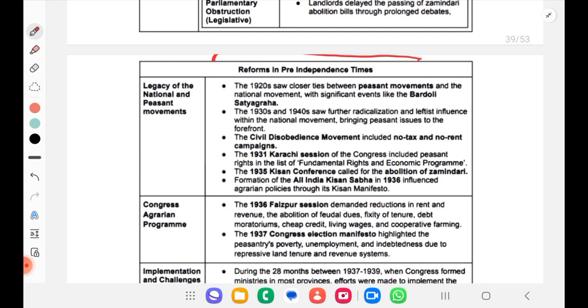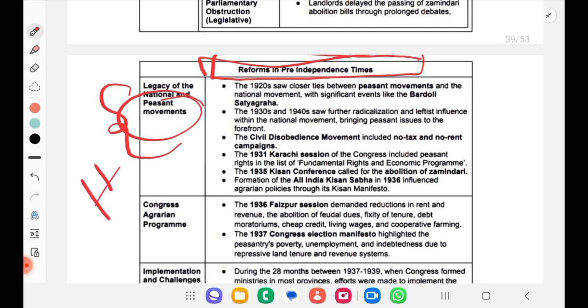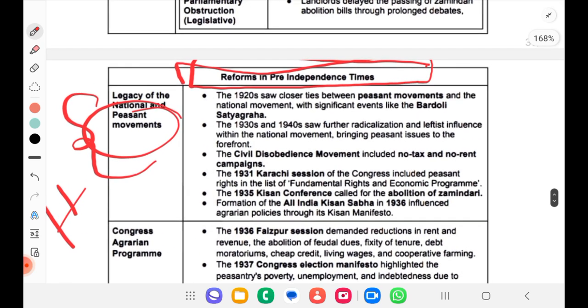Because of that, pre-independence, there were some reforms: the legacy of the national and peasant movements. Pre-independence started with the peasant movement. The 1920s is more of a history point of view. The 1920s saw closer ties between the peasant movement and the national movement.